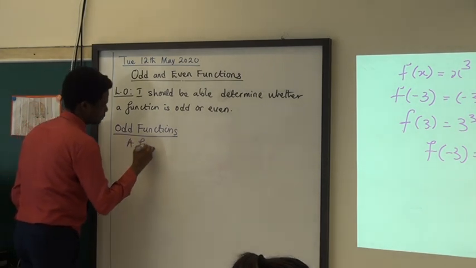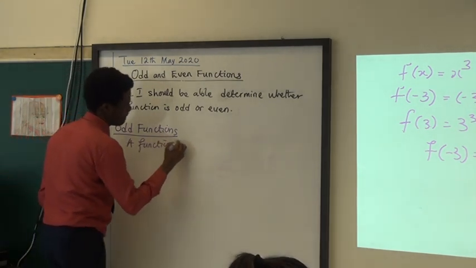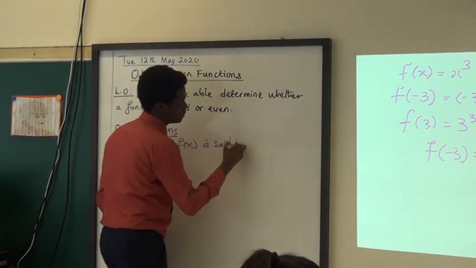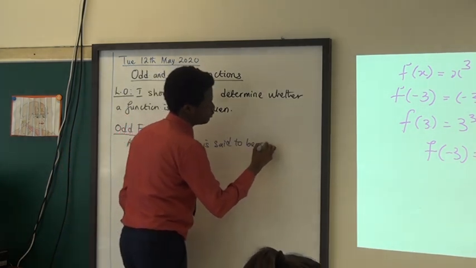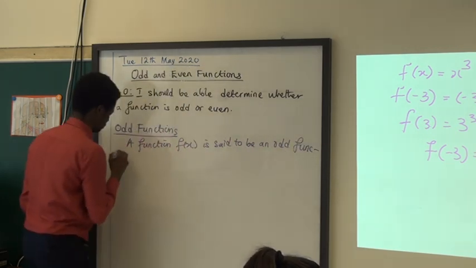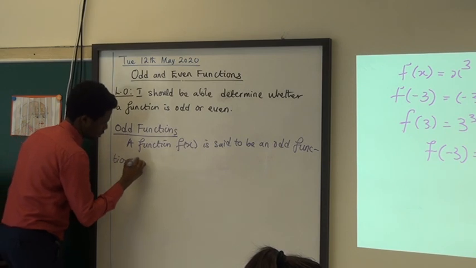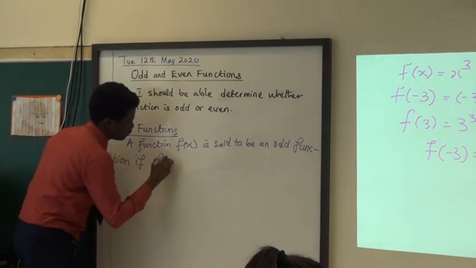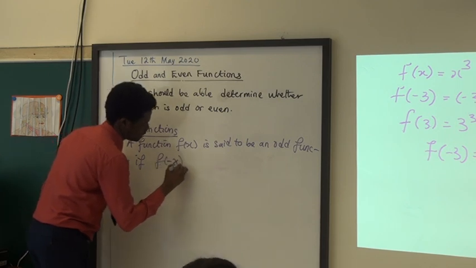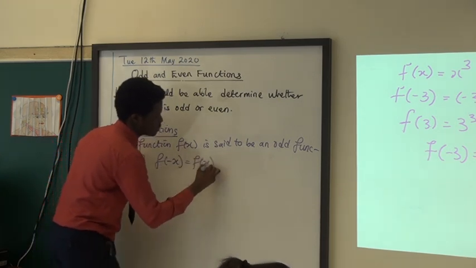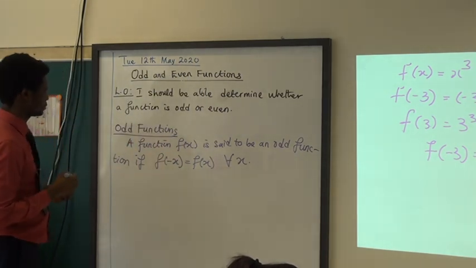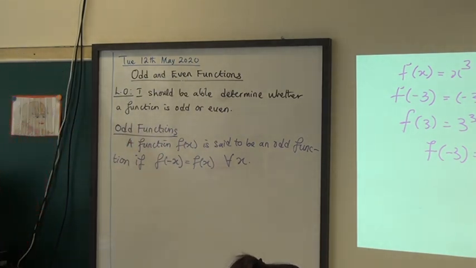A function f of x is said to be an odd function if f of minus x equals f of x for all x. So this is the main condition.